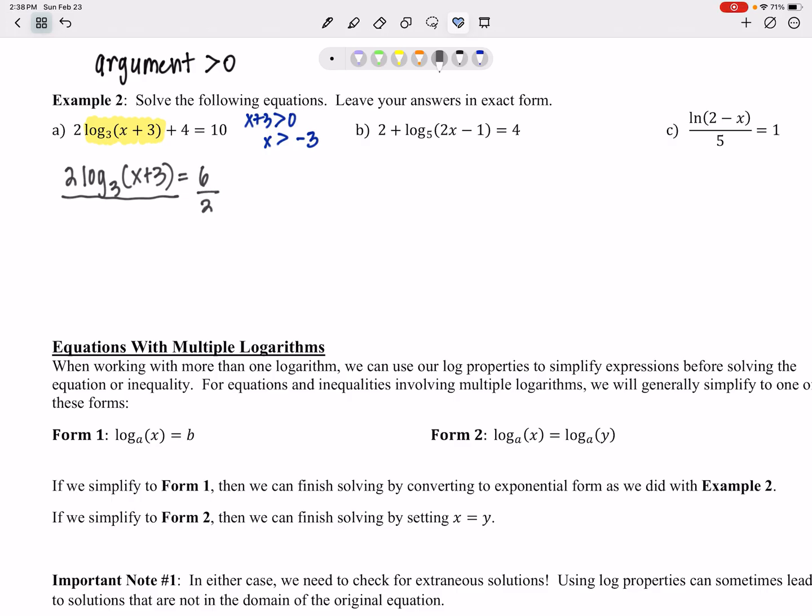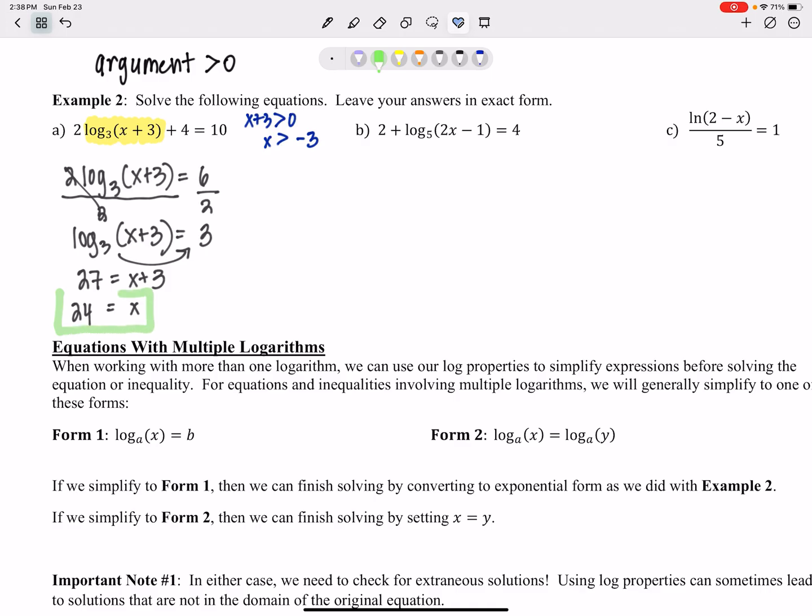Now that the log expression is all by itself with a coefficient of 1, I can put this into exponential form. 3 cubed is 27, and that's going to equal the argument, and therefore x will equal 24. 24 is most definitely greater than -3, so x equals 24 is our solution.